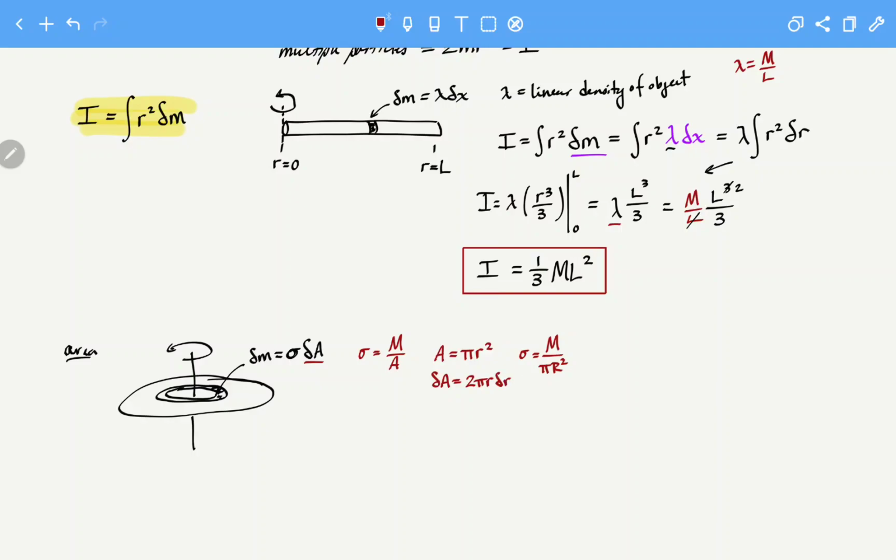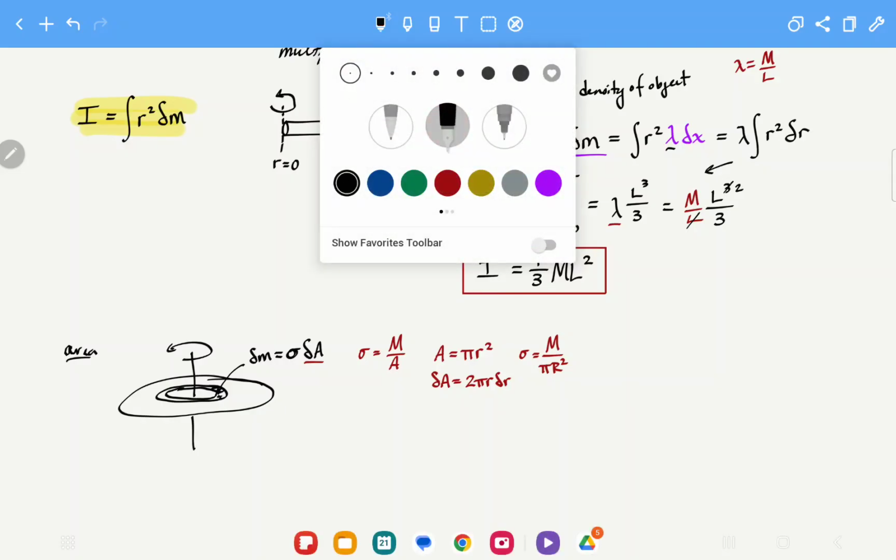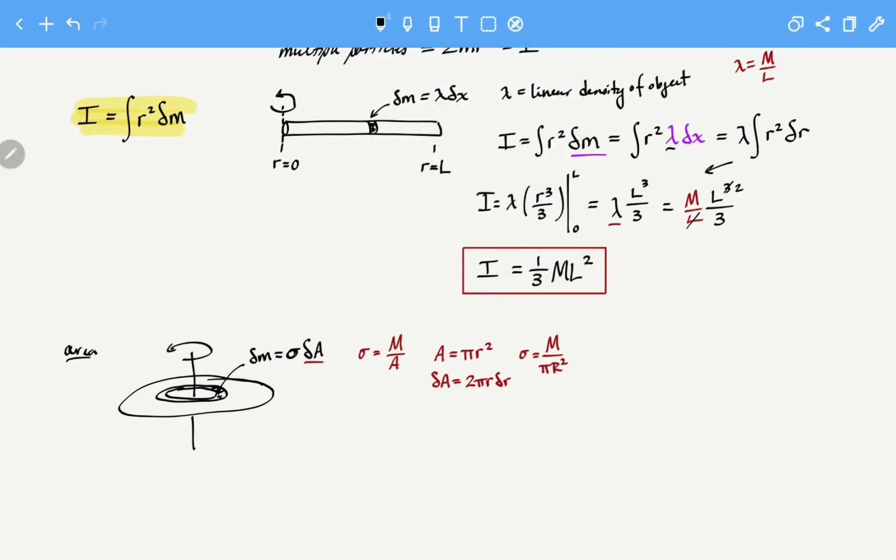Okay, now that we've broken down that initial segment, I'm going to go back to the original definition for a moment of inertia. That's I is equal to the integral of r squared dm. Where we start there, except now how our mass is changing is equal to something else.